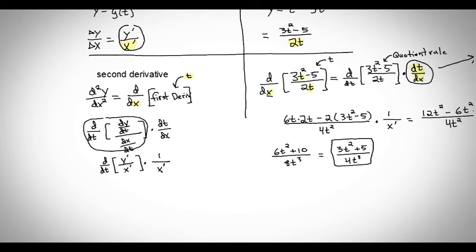Makes it a little bit nicer. And so what you end up getting is, if you want the second derivative, it is the derivative with respect to t of y prime over x prime, and like I said, the x prime over here is moving into the denominator, all over x prime. And that there is your second derivative.